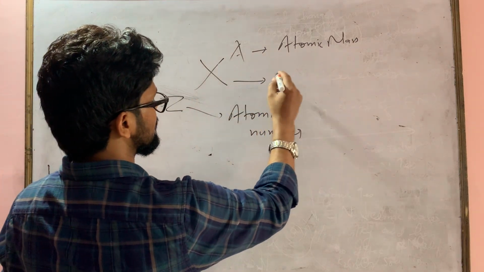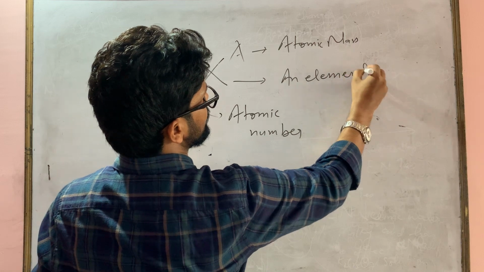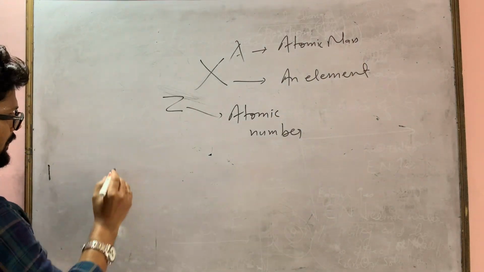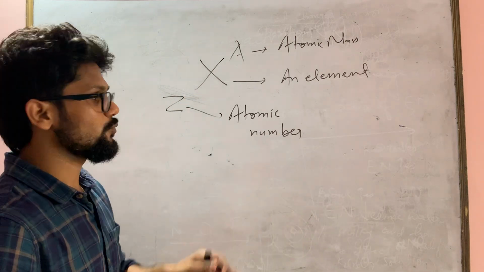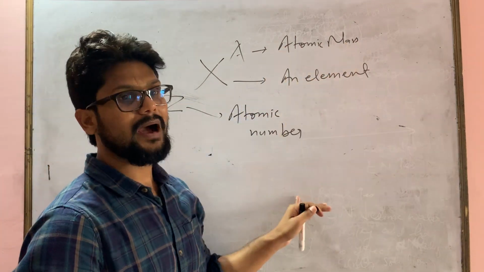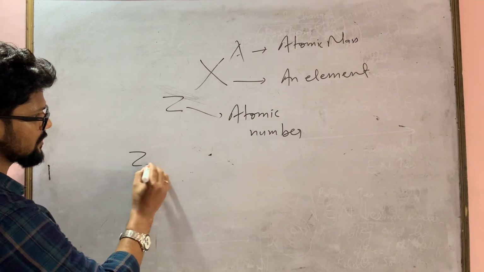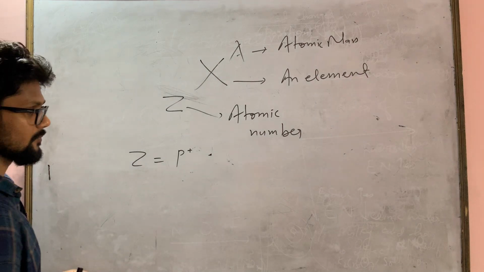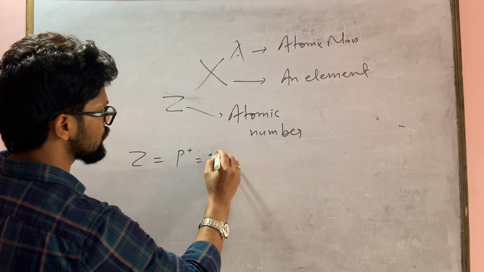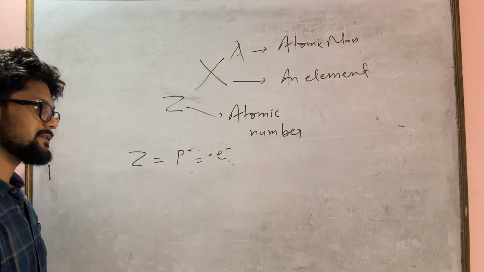This X is an element. It may be any element. So what is atomic number? A question can come: what is atomic number? What is atomic mass? So let's understand. Z is equal to the total number of protons, which is equal to the total number of electrons. So what will be the answer?